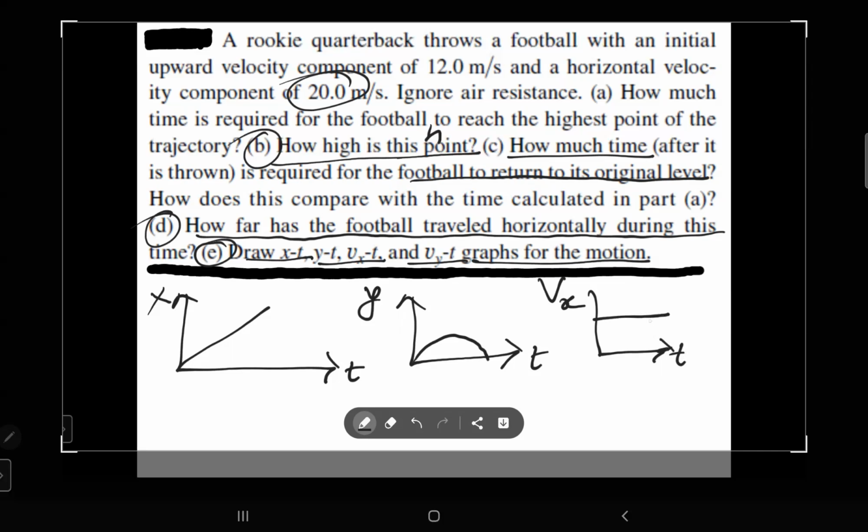With respect to time, the x velocity of the projectile, which is the football in this case, is not changing. It means it should remain constant, right? A straight line. And finally, if you put t here and the velocity along the y-axis, it will be something because it is falling down, right? Initially going up, then falling down. All the time, starting from here, acceleration is pulling it down. So it will be in the opposite direction. Okay. So these are the plots that we need.